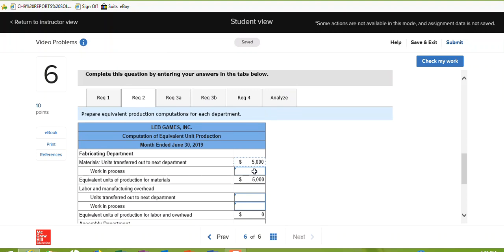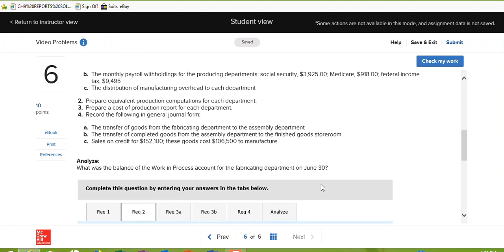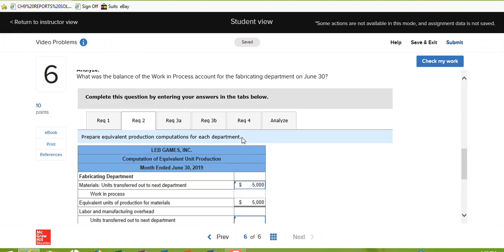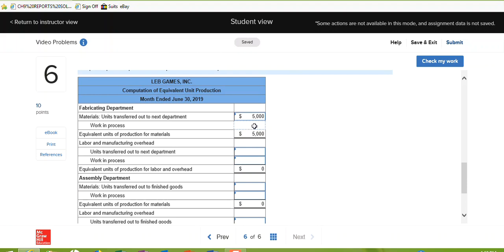And then work in process, and this is for materials. So that's our work in process inventory. That's 1,000 units that they say we have in process at the end of the period. So that goes here. So for our equivalent units for materials, we have 6,000 units in the fabricating department. 5,000 we sent on, 1,000 we've got in process.